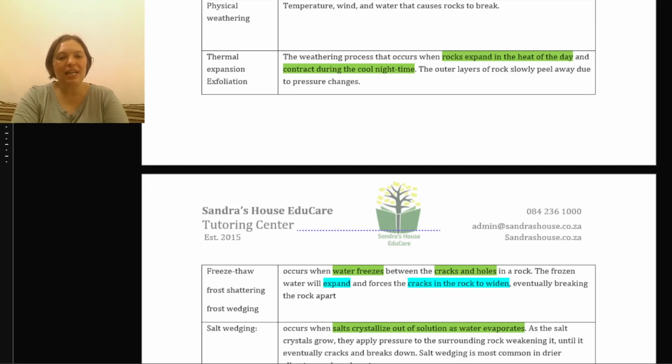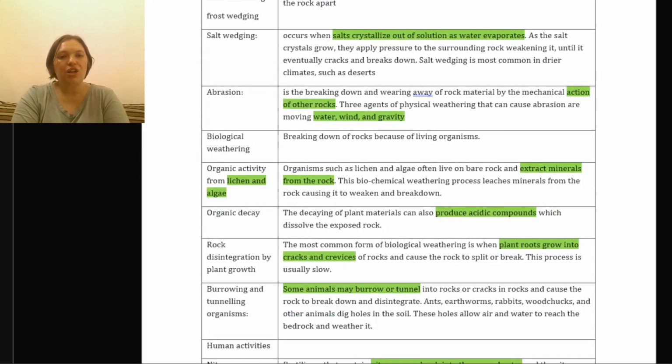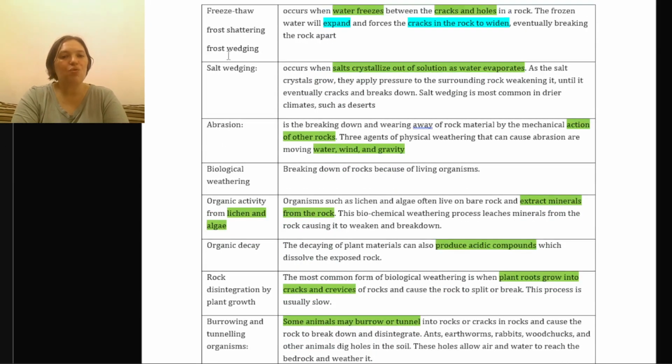Okay, now freezing and thawing. This one has three different names. Different people use different names, but it's the same thing. So freezing and thawing, or frost shattering, or frost wedging, is basically when you've got small cracks in the rock, water comes in there, it freezes, and as water freezes, it expands, which makes the cracks bigger, and then eventually the rock breaks down.